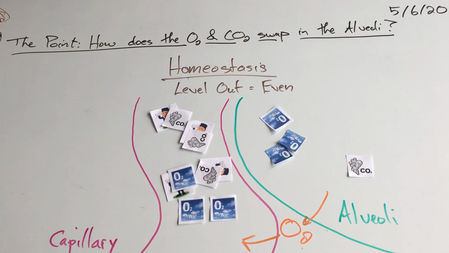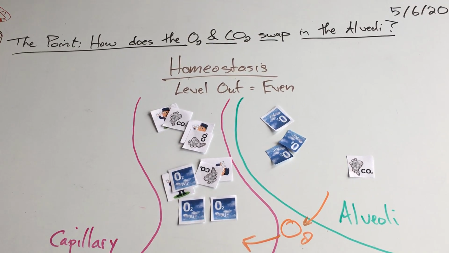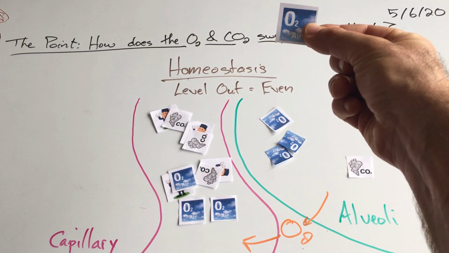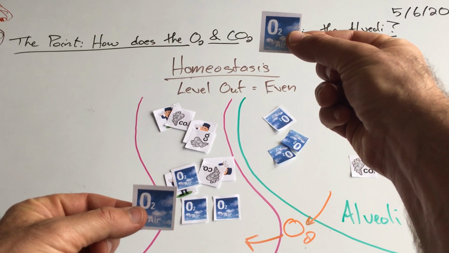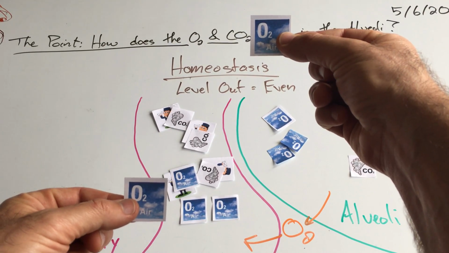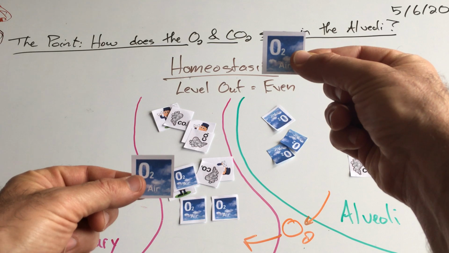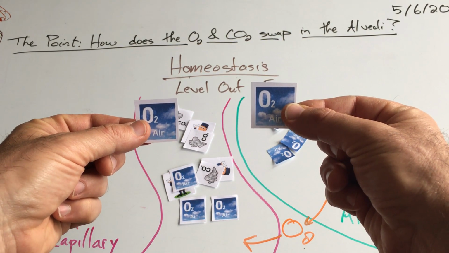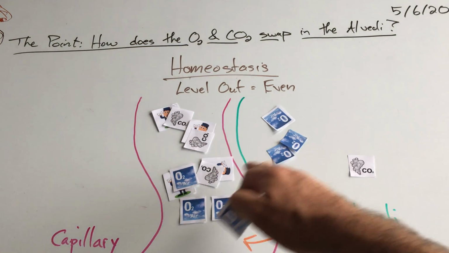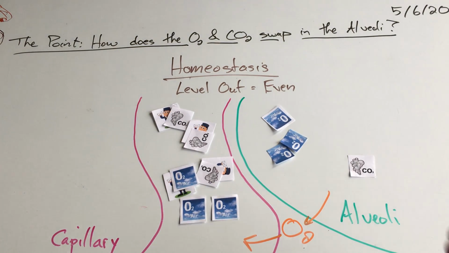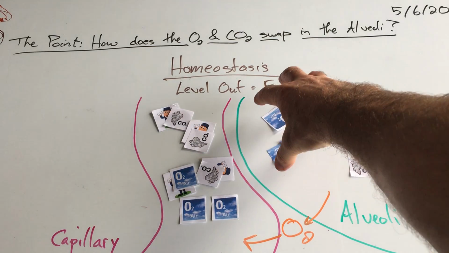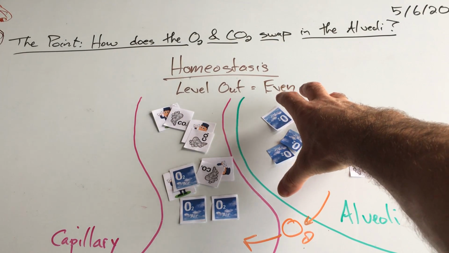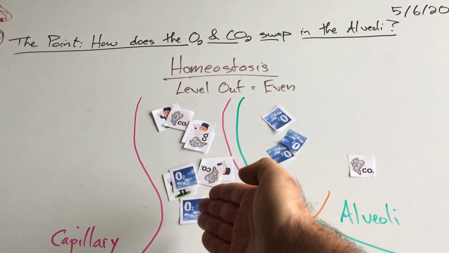And why did it do that? Because before there were 5 oxygen and 1 oxygen. And now by moving 2 over, we now have homeostasis, right? So just the idea of leveling things out is going to force this air, where there's a lot more oxygen, to even out with the blood.